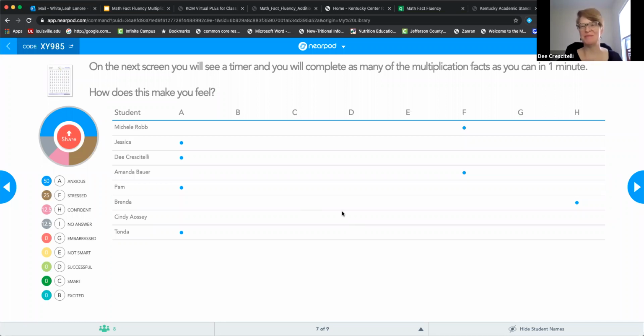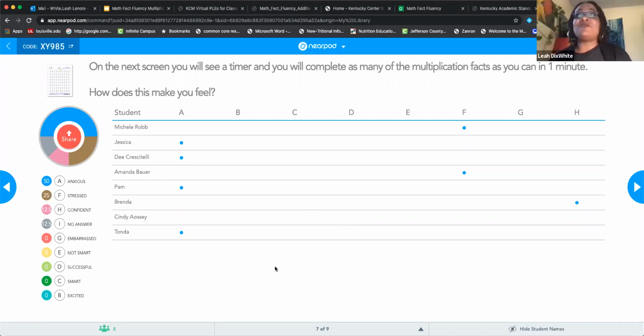I have never liked the timer. Yes. And I'm sorry, I'm trying to give enough wait time without blitzing through. But as you can see, most of us agree that it makes us anxious. And so we don't want to put our students in that position. And so we want to provide them ways to be able to develop fluency and to practice.